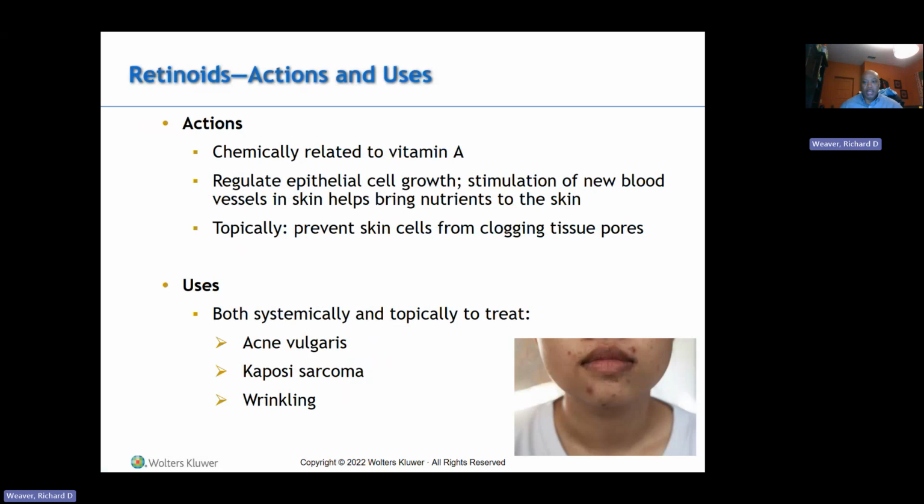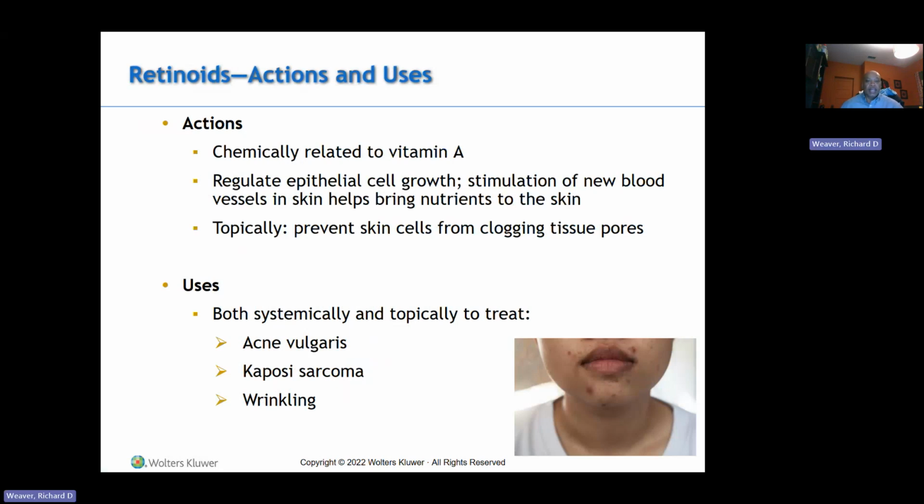Issues of fetal defects make the oral products unsuitable for pregnant women. And so, if a woman is pregnant, we may not want to administer these medications systemically because of the effects they can have on the unborn fetus. The topical medications specifically target the local area without going into the patient's system. And so that's really the goal.